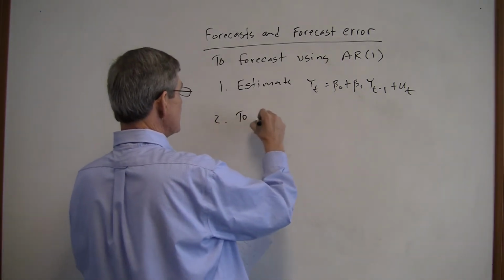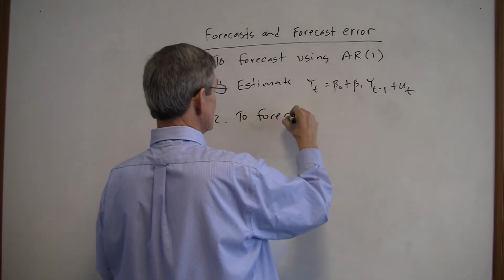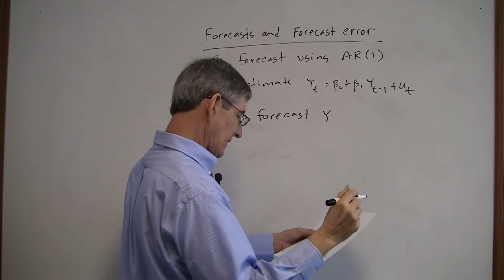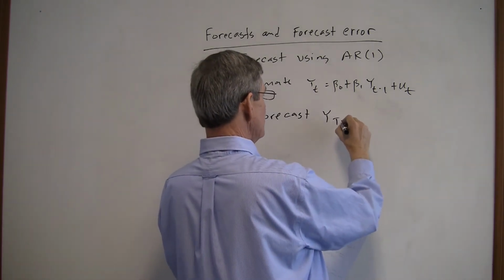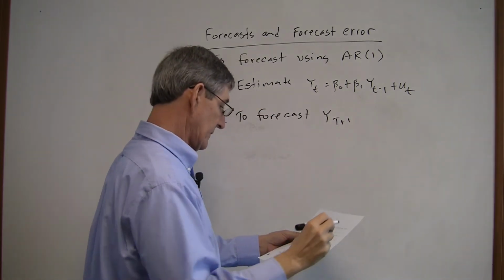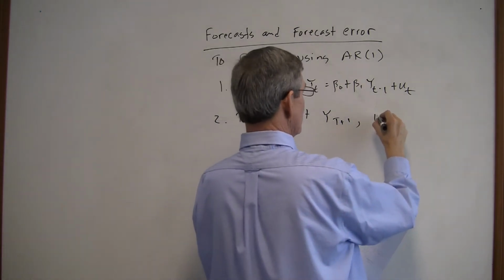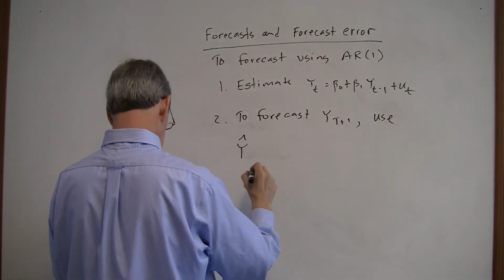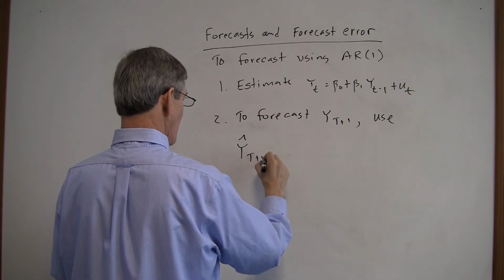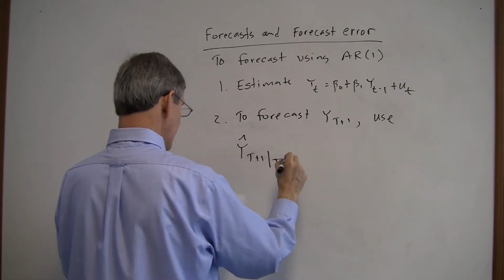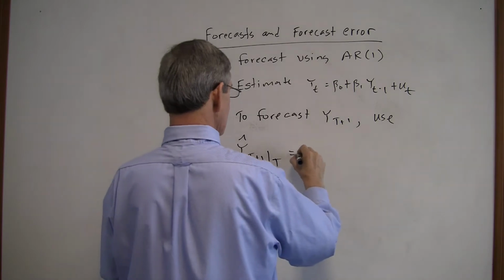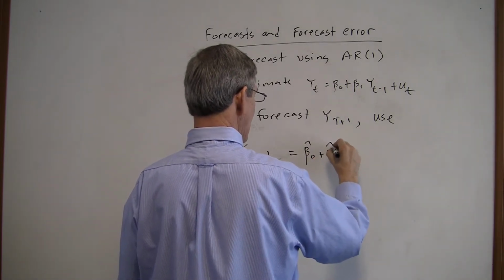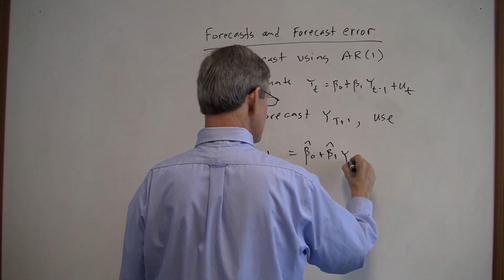So to forecast y t plus 1, use y hat t plus 1 given t, I'll explain this in a second, which is beta naught hat plus beta 1 hat yt.